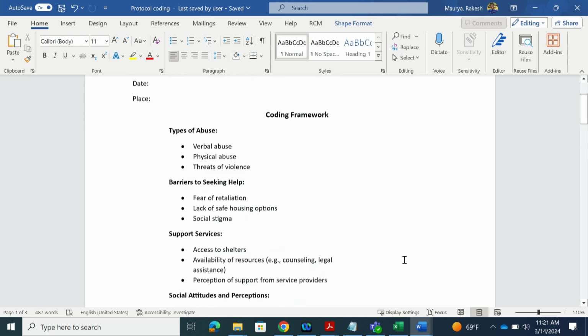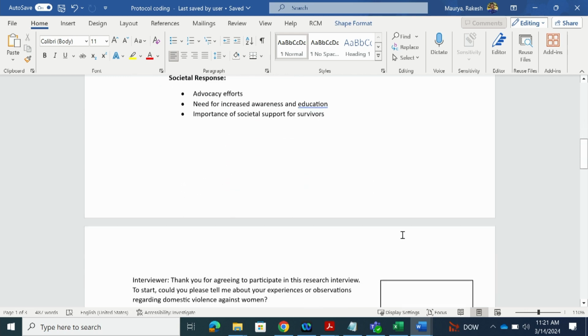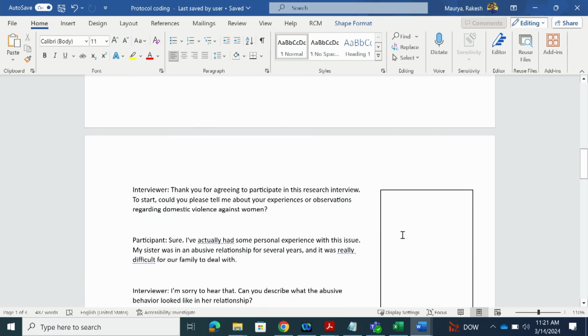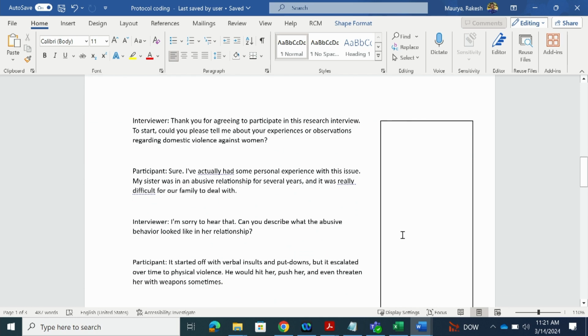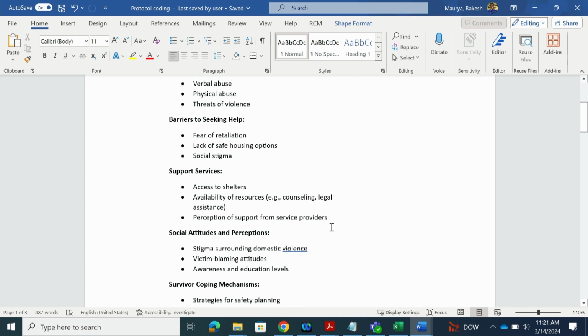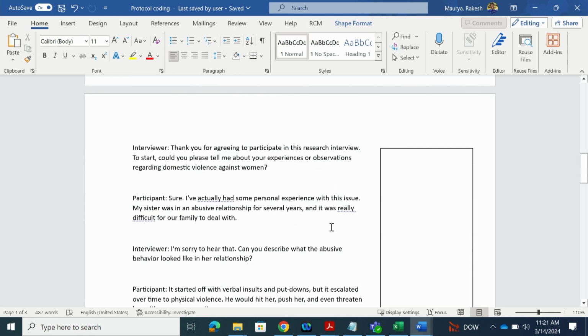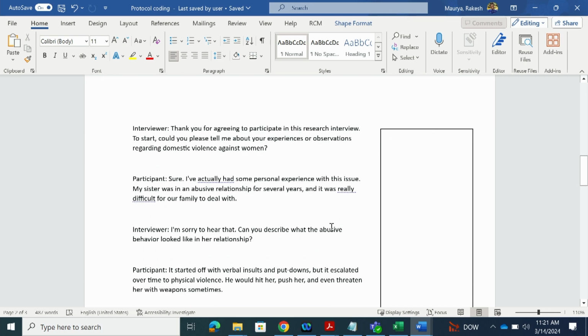So this coding framework is developed. We will use this coding framework to code the transcript here. So here is the transcript, and we will use this coding framework to code it. That's what happens in the protocol coding strategy. So let's begin.